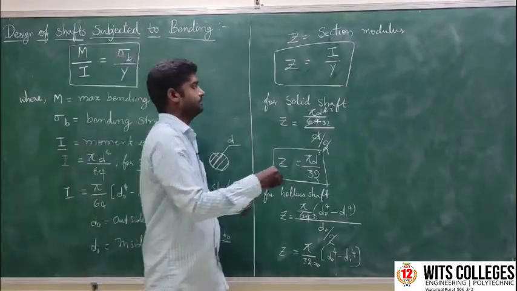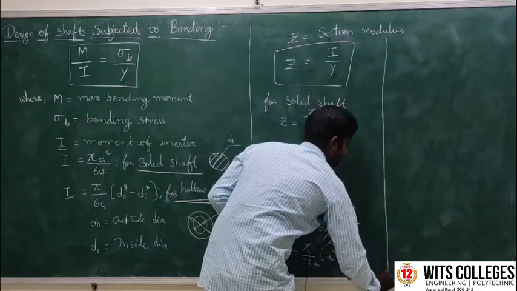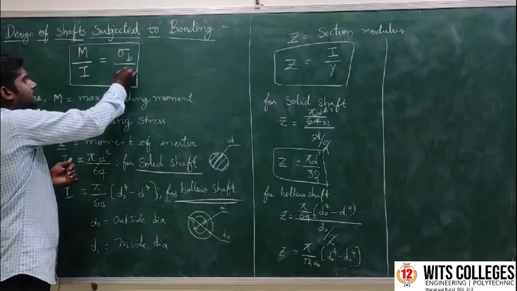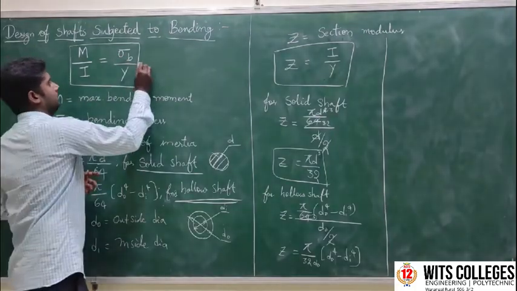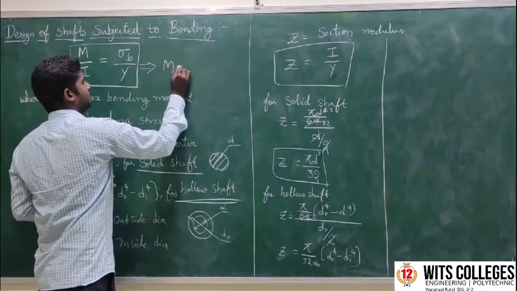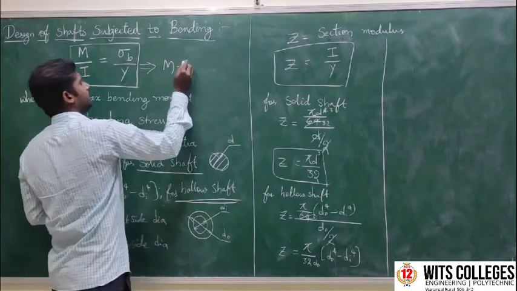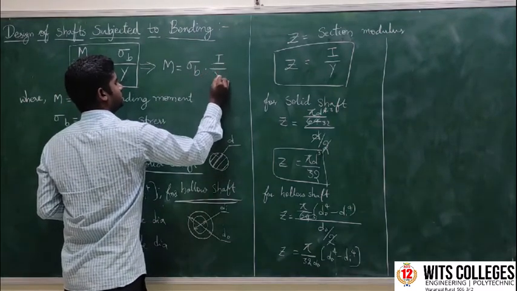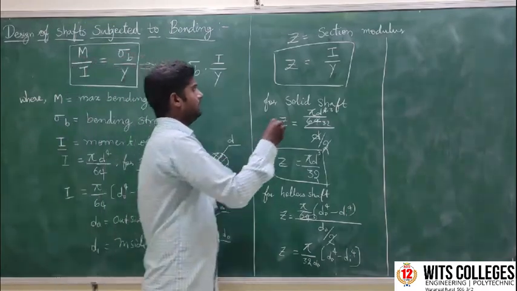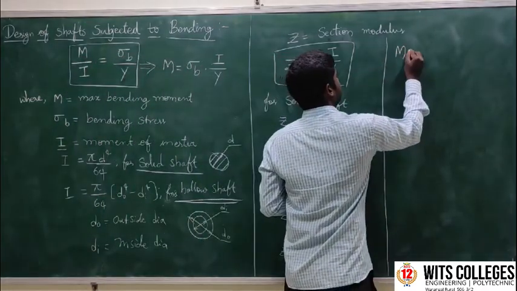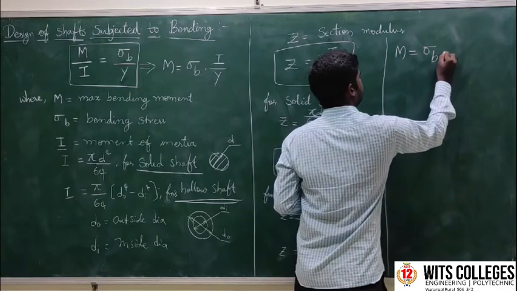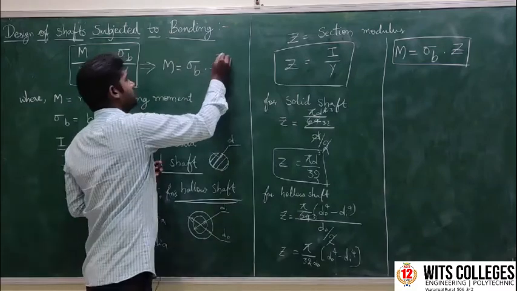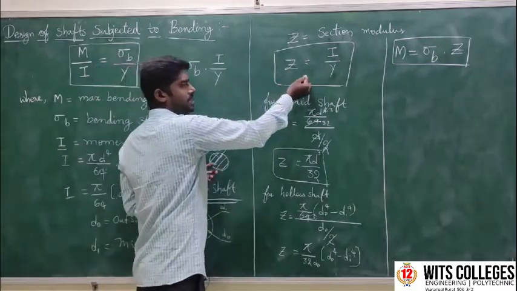Coming to our actual equation, M by I is equal to sigma b by y. Using this equation, the bending moment M is equal to sigma b into I by y. Then M is equal to sigma b into Z, since I by y is the section modulus.